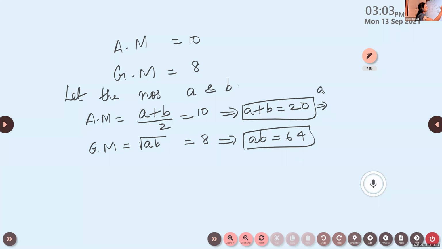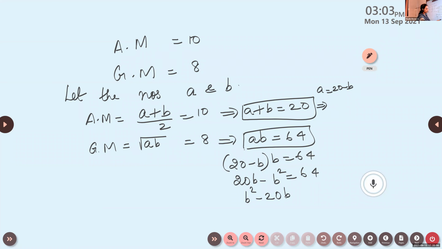From here, what is A? Is it 20 minus B? So substitute here: 20 minus B into B is 64. Open the bracket. So 20B minus B square is equal to 64. So it is B square minus 20B plus 64 is equal to 0. You are getting a quadratic equation here.